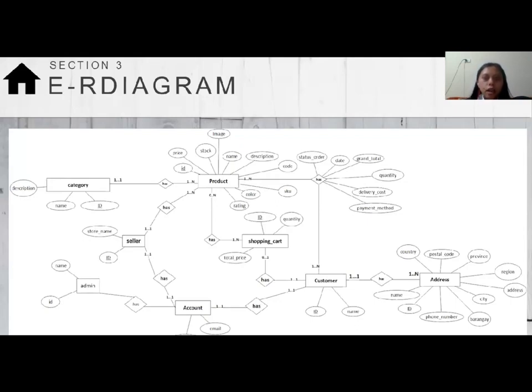Here we can create a table, namely orders table, and then account registration has a relation with seller, admin, and customer. And then the last is customer entity has a relation with address entity.